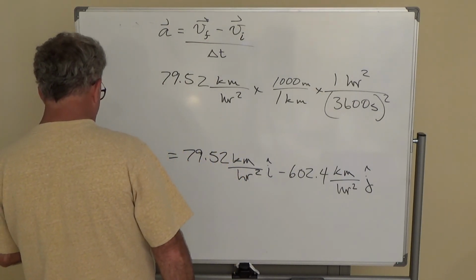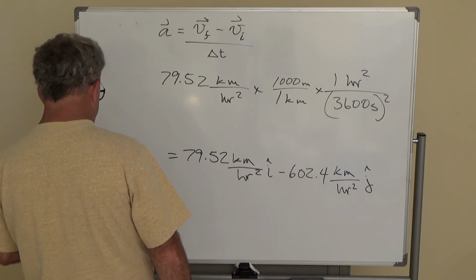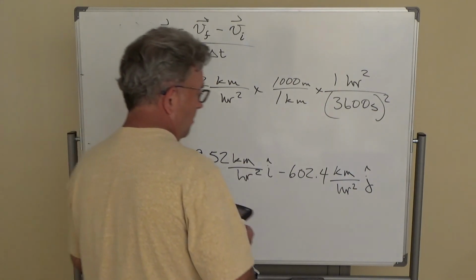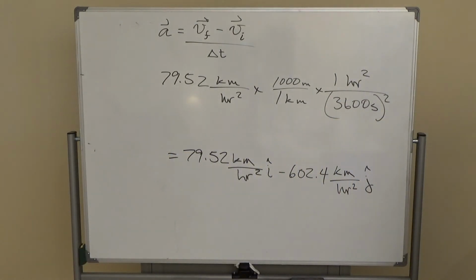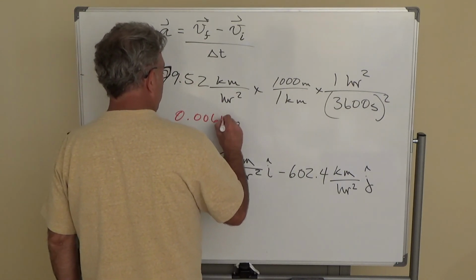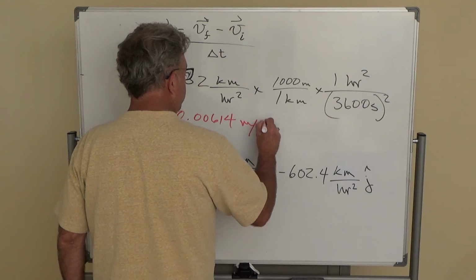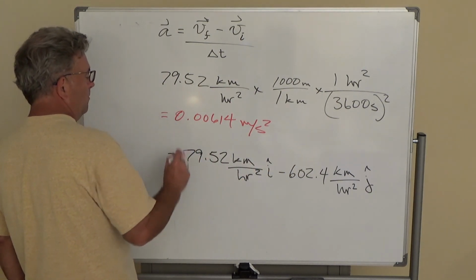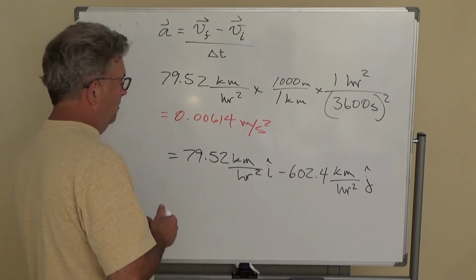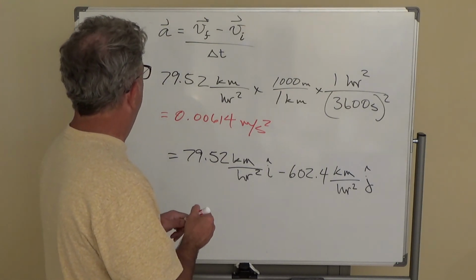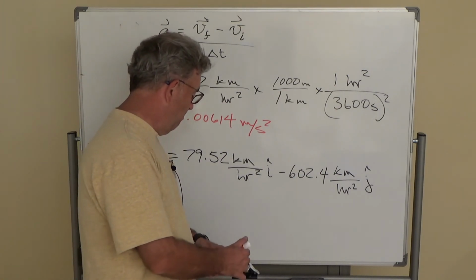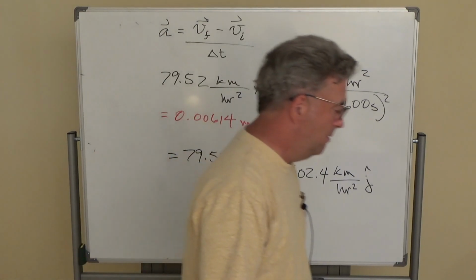I got 0.00614 meters per second squared. That's in the x direction. That's in the I hat direction. This one will be bigger, but it's not going to be enormous.